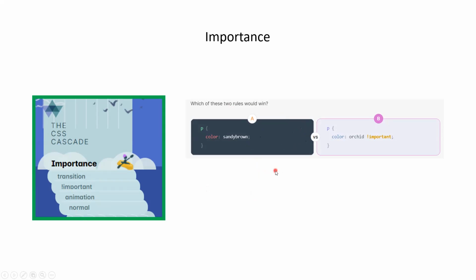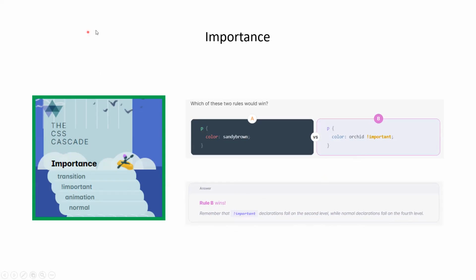Okay, I will give you the answer. Here we have two rules for the same element, paragraph. The rule that wins is rule B. Why is that? Remember that important declarations fall on the second level, while normal declarations fall on the fourth level.